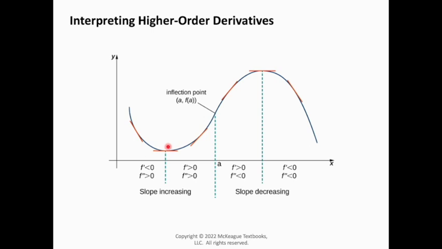Now, this is our cutoff point, and then when I go from here to here, I'm increasing. So that means on this second interval, from here to here, I'm increasing, which means the first derivative is going to be positive. Now let's look at this next interval. As I continue to go left to right, I'm increasing.